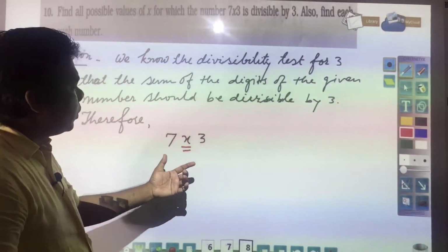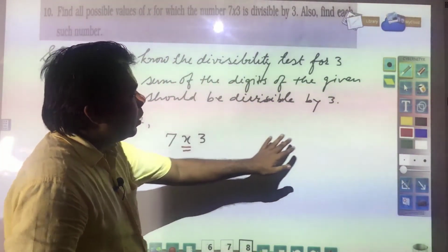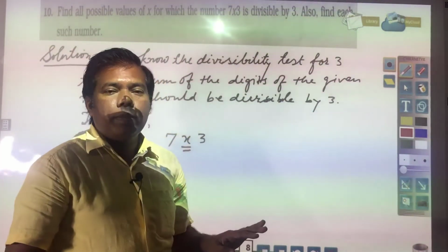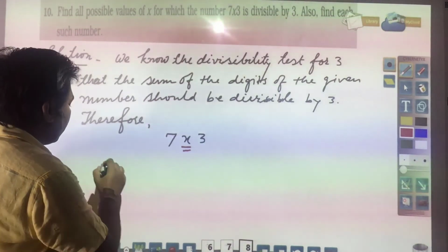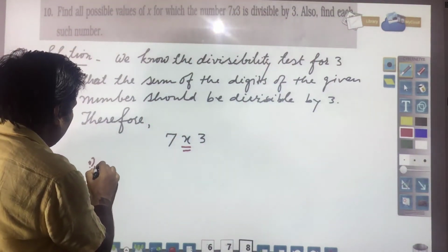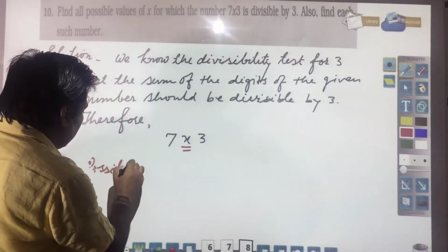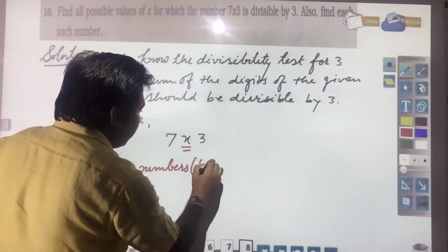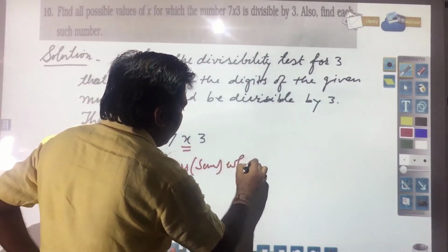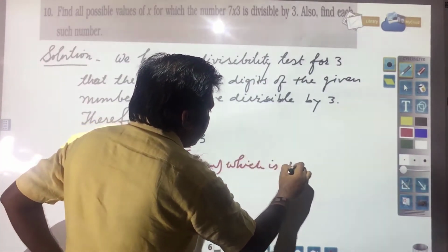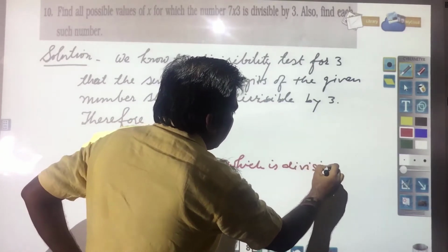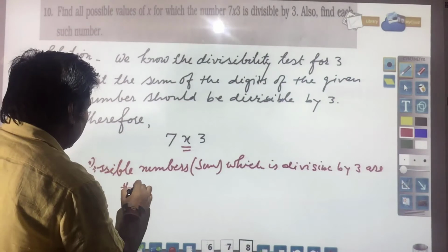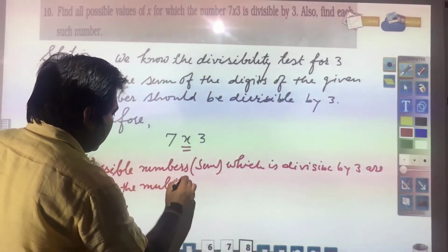So, here you see, first we will know what possible numbers are there which should come, so that the number will be divisible by 3. So, the possible sums which are divisible by 3 are the multiples of 3.